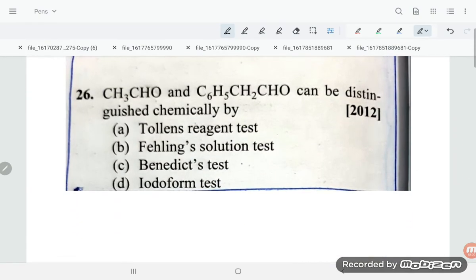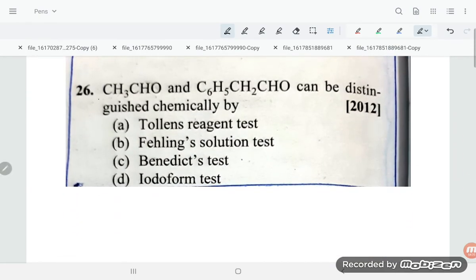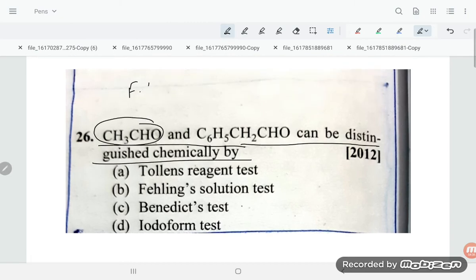Question number 26. CH3CHO and C6H5CH2 can be distinguished chemically by. Okay, so how can you chemically distinguish? First one is the Fehling test. It will give the Tollens test too, both will give Fehling and Tollens.